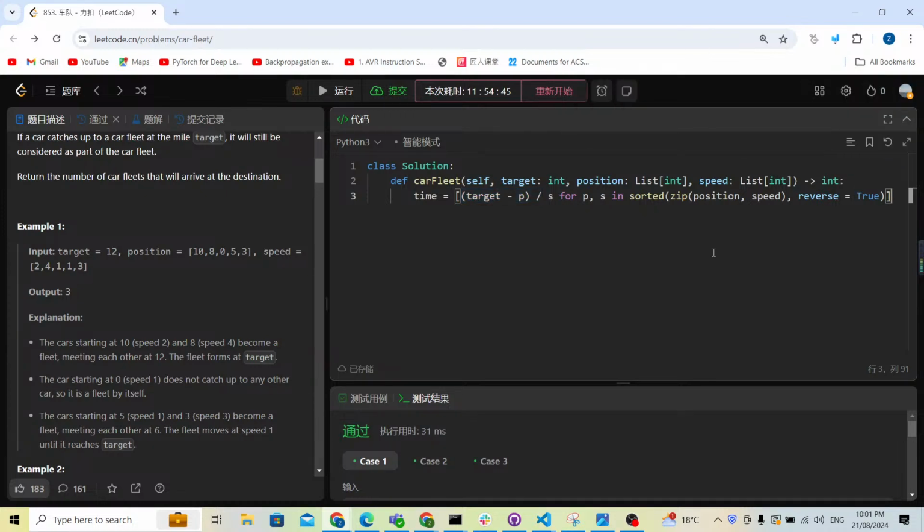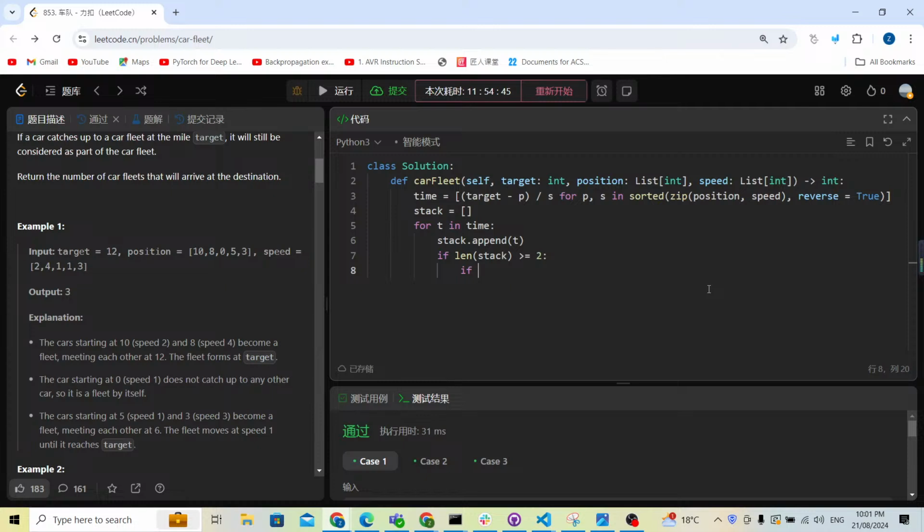Now I'm going to prepare a stack. So for t in time, I will first put it inside the stack. Now I want to check the length of the stack. If it is more than or equal to 2, it means there will be 2 cars, and I have to check if they can become 1 fleet.